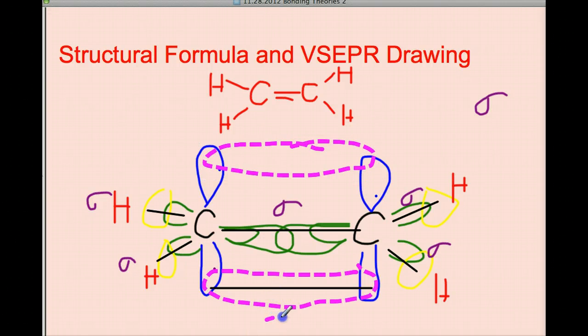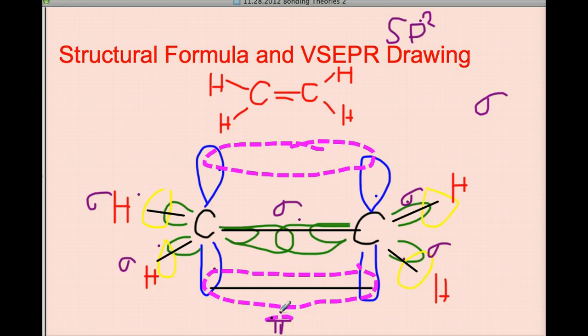So we're going to call this light pink fuchsia section a pi bond. So our double bonds are an sp2, and what we see is we have sigma bonds, but we also have one pi bond right here.